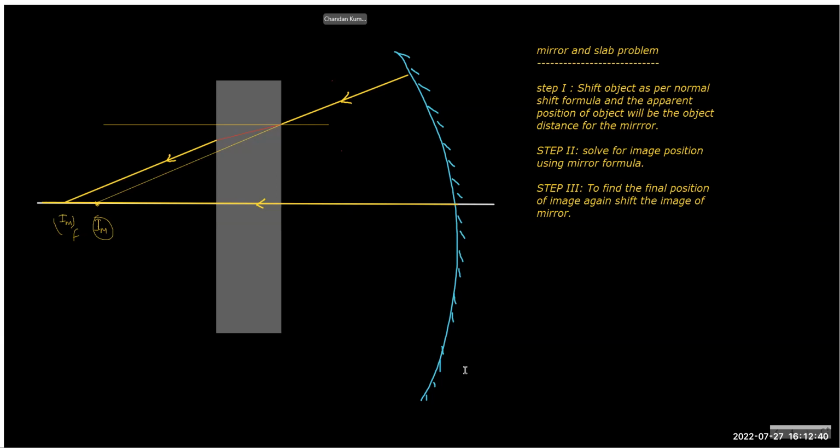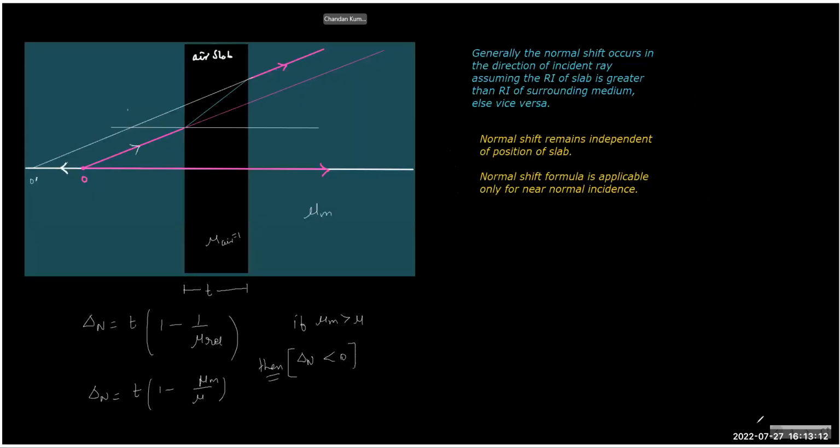Shift, apply the mirror formula, and then back shift. If this is the forward shift, then this is the back shift, and then you get the answer. So let's see some questions to understand. But before that, we'll solve some basic questions on real and apparent depth.